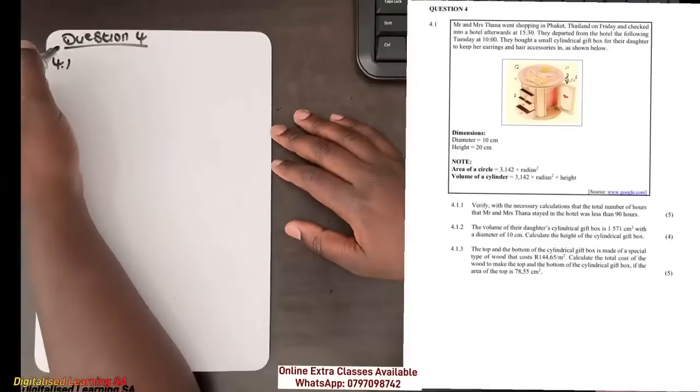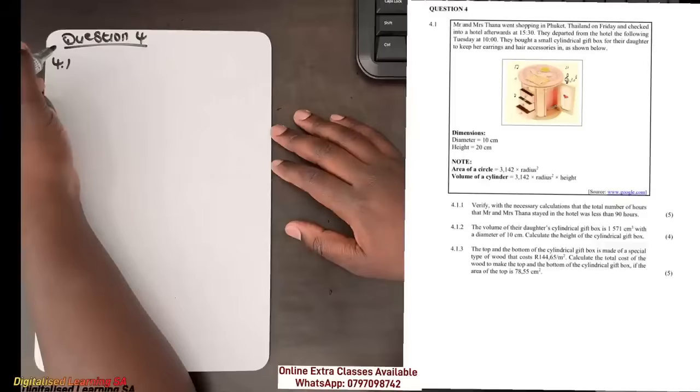So we are told that Mr. and Mrs. Turner went shopping in Phuket, Thailand on Friday and checked into a hotel afterwards at 3:30 in the afternoon, and they departed from the hotel the following Tuesday at 10 in the morning. They bought a small cylindrical gift box for their daughter to keep her earrings and hair accessories in, as shown below.